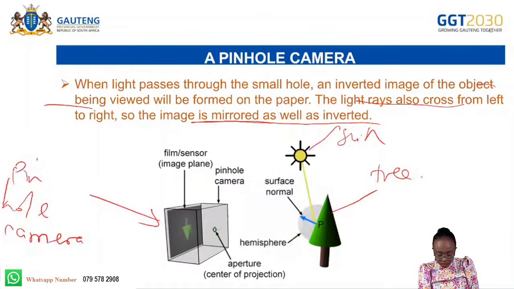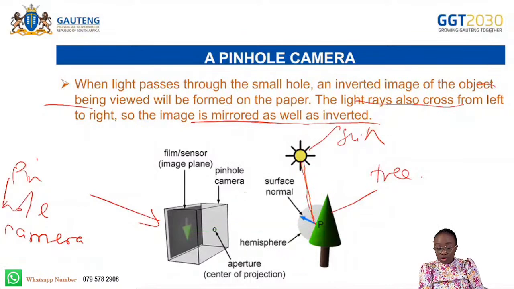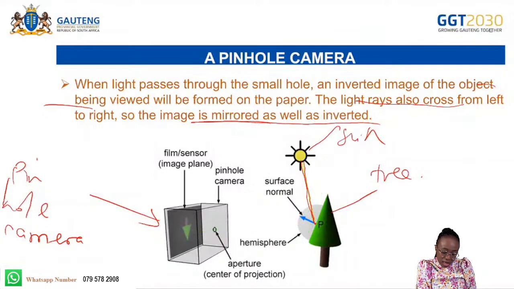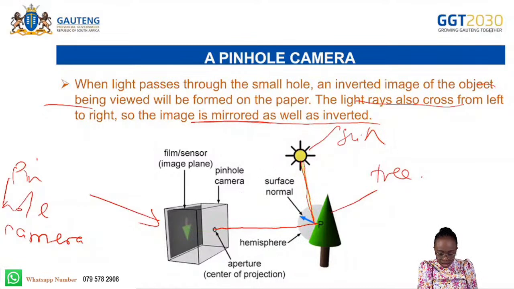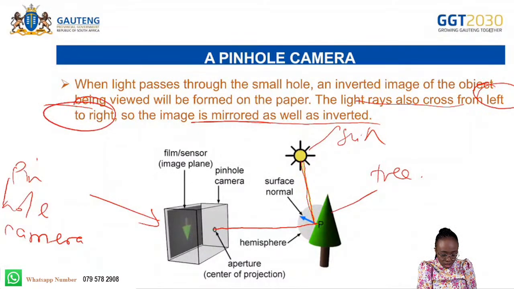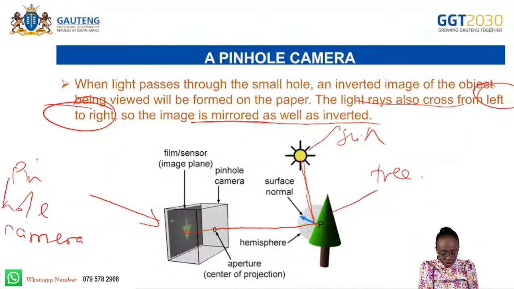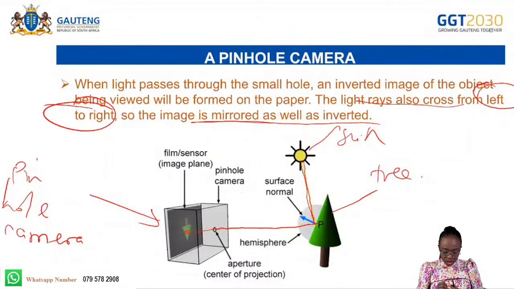So light from the sun is radiated onto the tree or the object, and then light passes through the pinhole camera, and then it crosses from left to right, and when it gets to the tracing paper or the screen, an inverted image is formed.